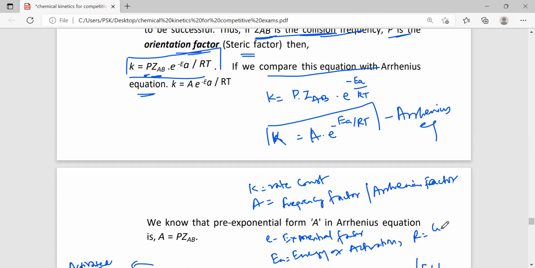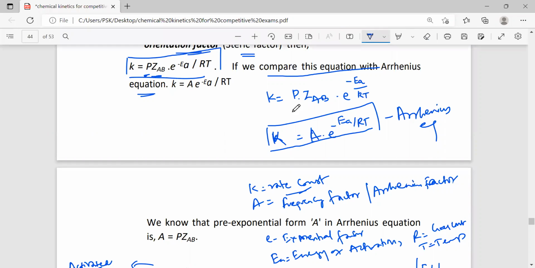R is the gas constant. You know the value of the gas constant. And T is the temperature. So you have to write this equation and explain the terms involved in it. k is called the rate constant, A is called the frequency factor or Arrhenius factor, Ea is the energy of activation, R is the gas constant, and T is the temperature.